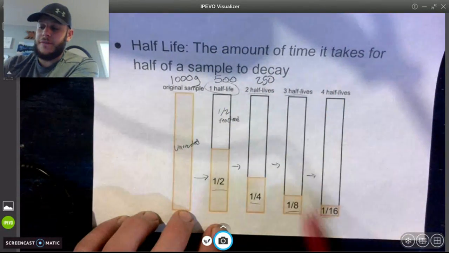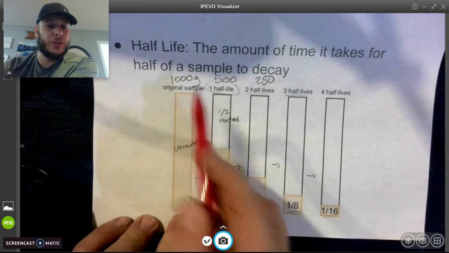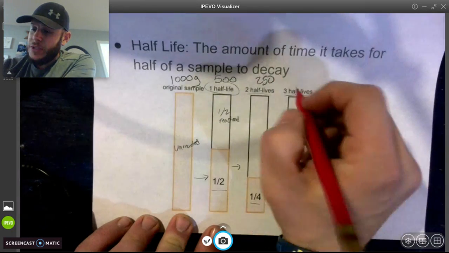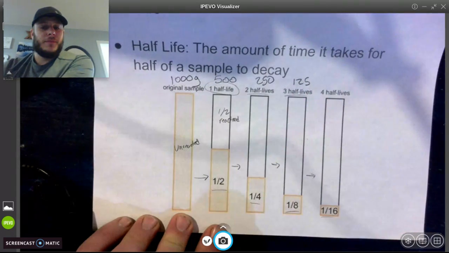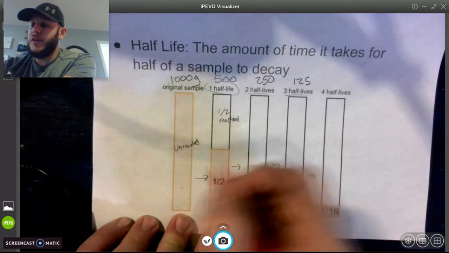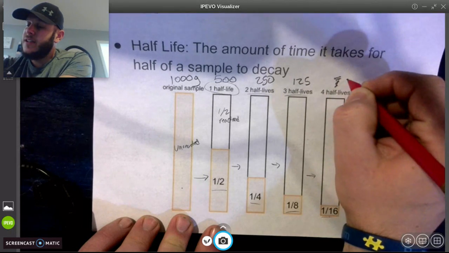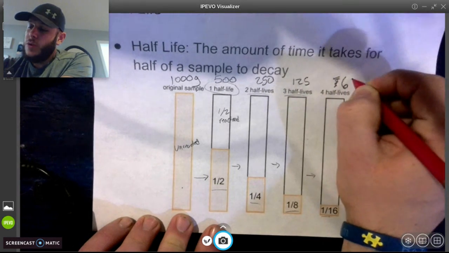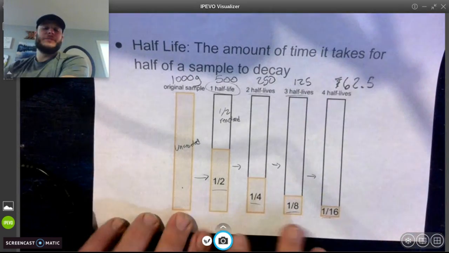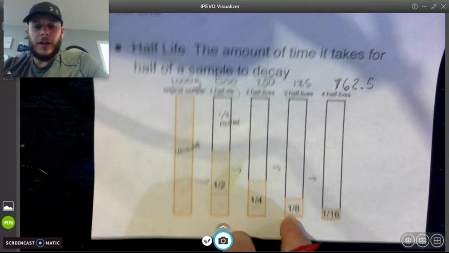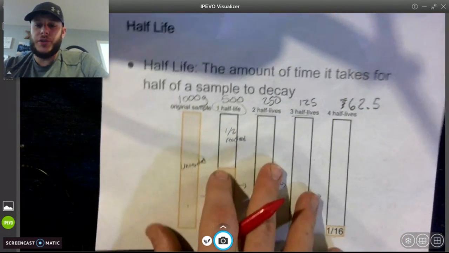And after a third half-life, having 1/8 of the original 1,000, I would have 125. And if after a fourth half-life I went through this, I would have 62.5. All right. In fact, that just continues to go and continues to go.